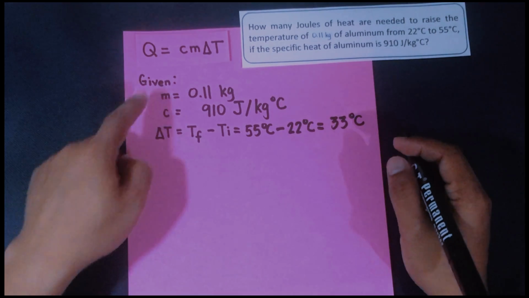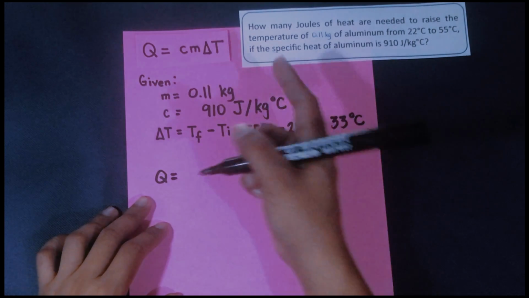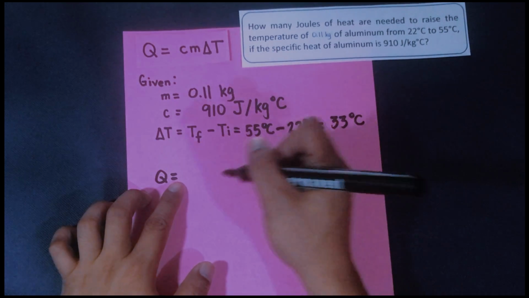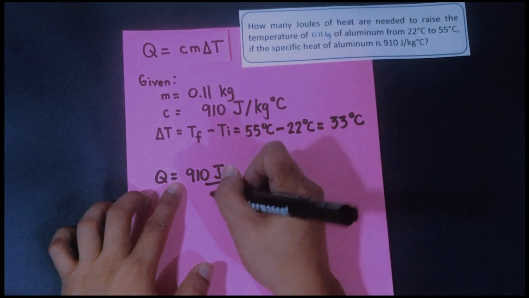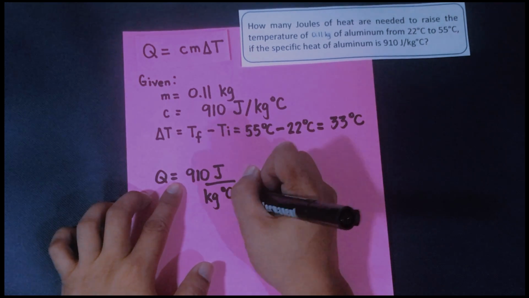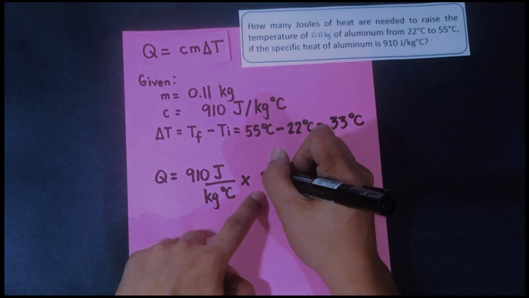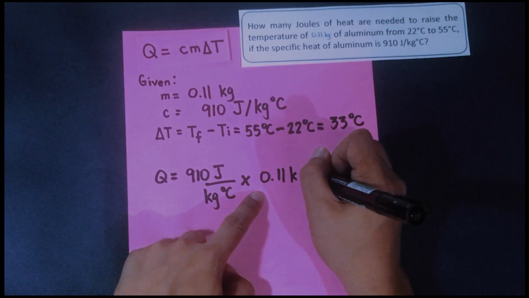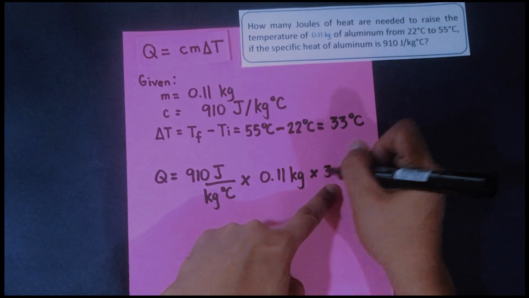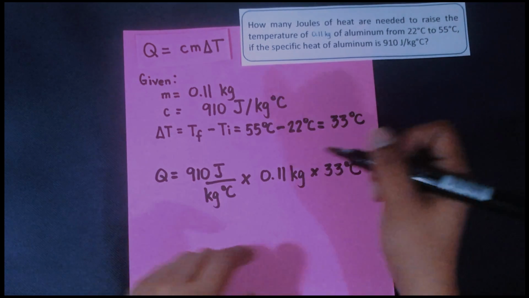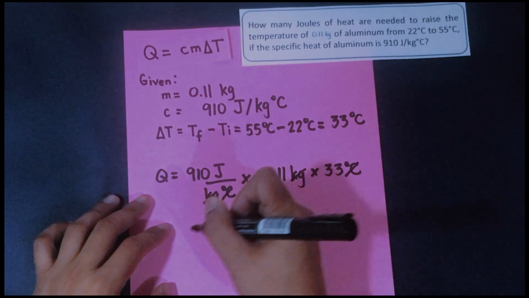Okay, so the formula again is this. So plugging in all the given from our formula, the specific heat is 910 joules per kilogram degrees Celsius multiply by the mass, which is 0.11 kilograms, multiply by the change in temperature, which is 33 degrees Celsius, canceling the units kilogram, kilogram, degrees Celsius, degrees Celsius.